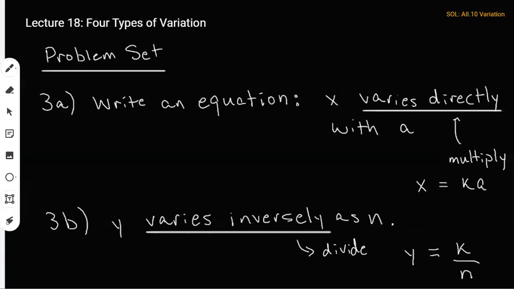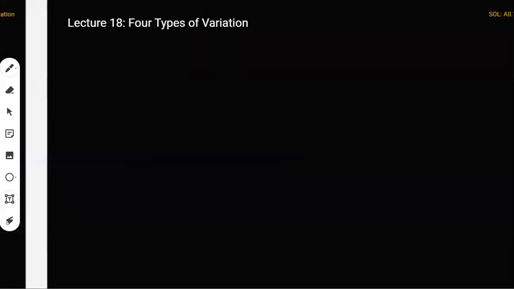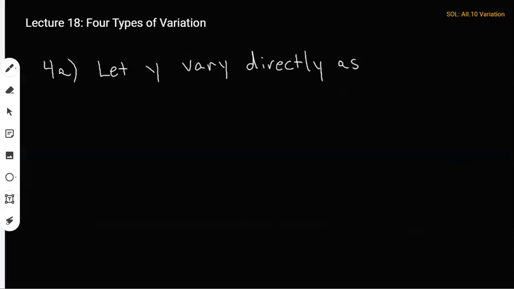So now let's try a couple of problems where we need to figure out what k is. And that's going to require knowing two different numbers. So let's take a look at number 4, part A. This one says, let y vary directly as x.